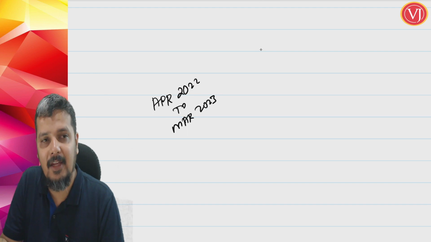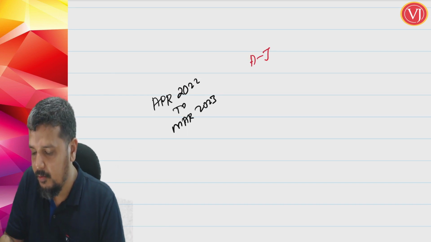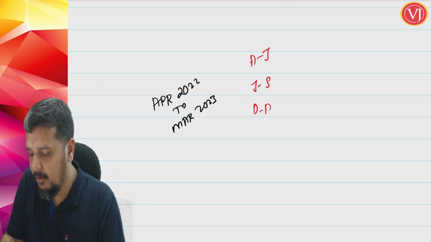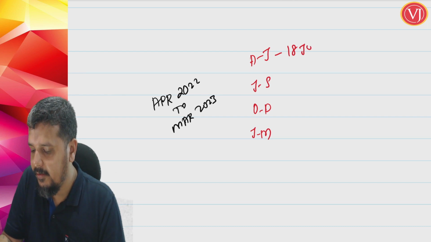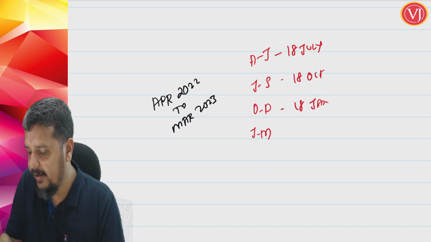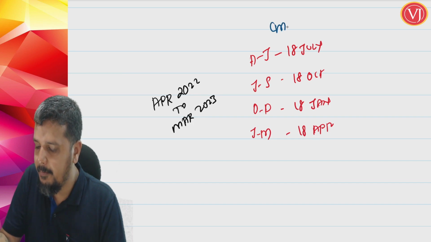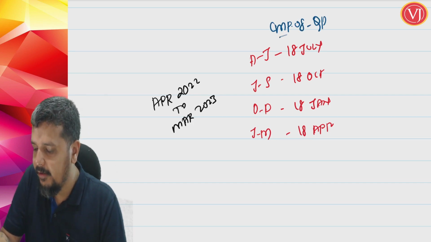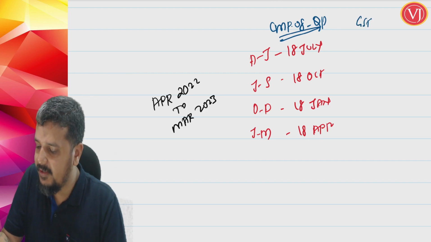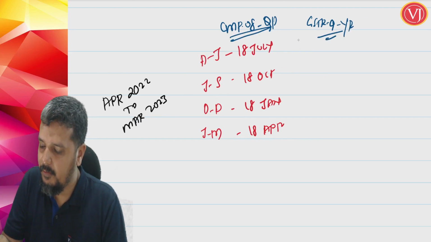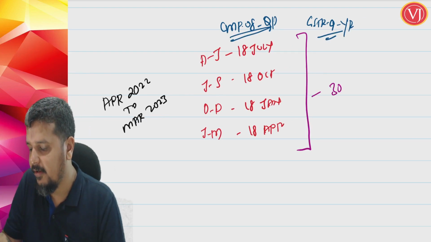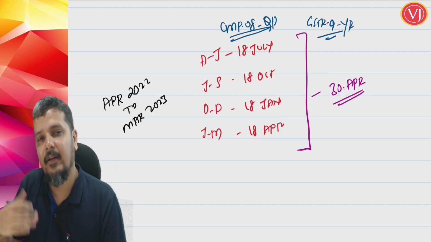First, when you are talking about your CMP 08, it would be April to June, July to September, October to December, January to March. The due date should be 18th July, 18th October, 18th January and 18th April. This is all about your CMP 08, which is quarterly payment. But when it is all about your GSTR 4 yearly return, it would be for the entire financial year, 30th April of the next financial year.